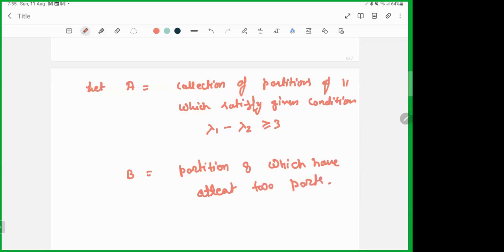So I have given you a bijection between these two sets. This is a bijection basically.